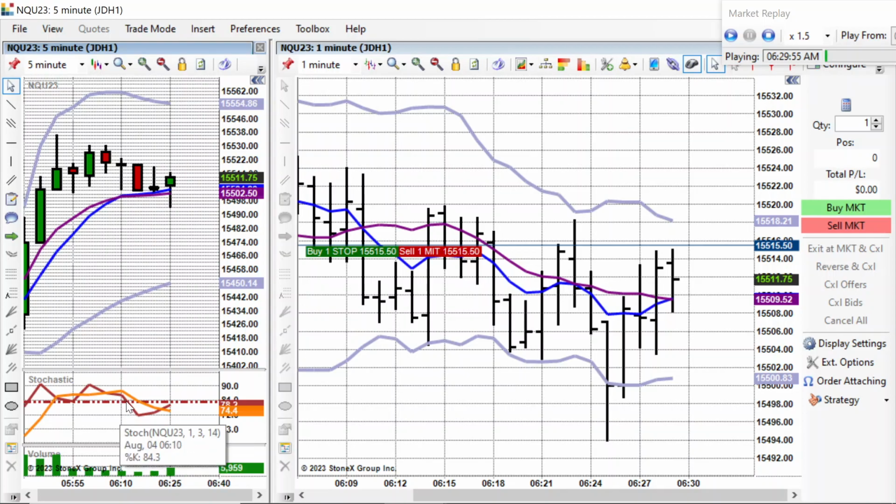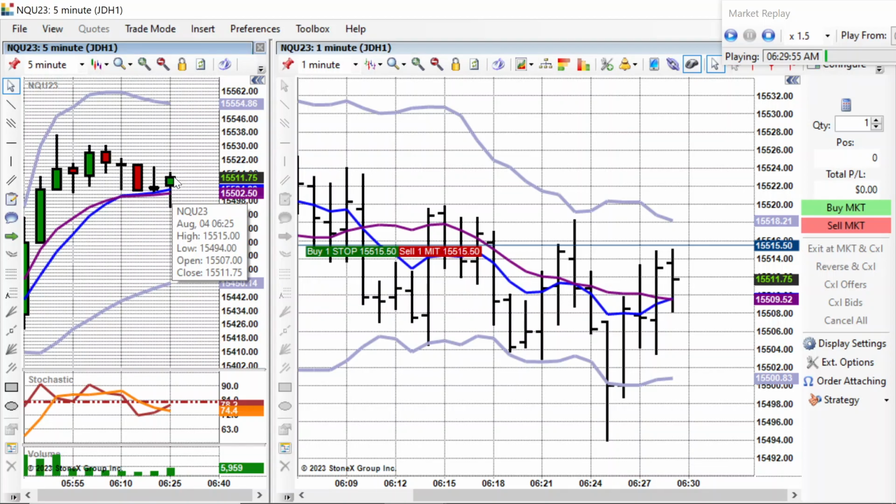You'll have a fast stochastic and a slow stochastic line, and the crossover points are generally where the market's moving with the fast stochastic. So if it's crossing over the orange line here, that indicates an up move as confirmed by the green candle.